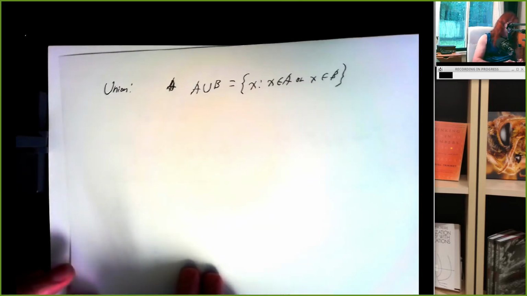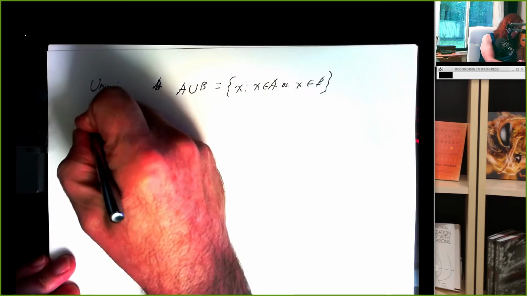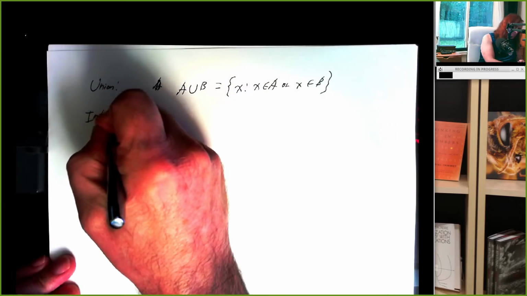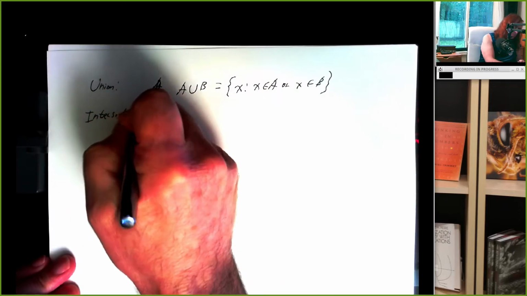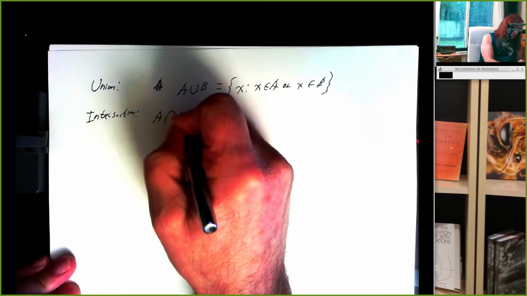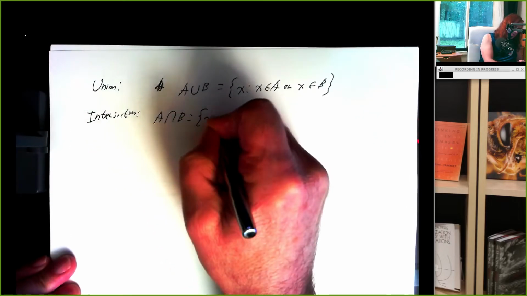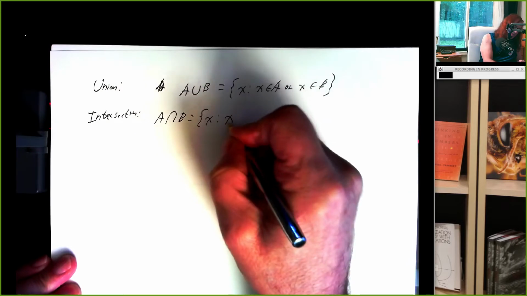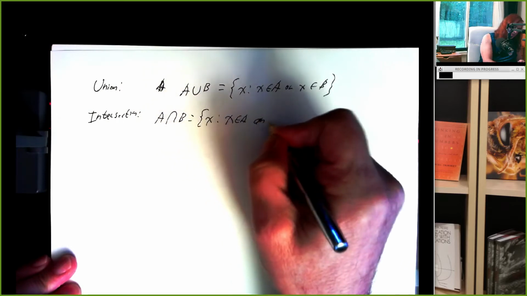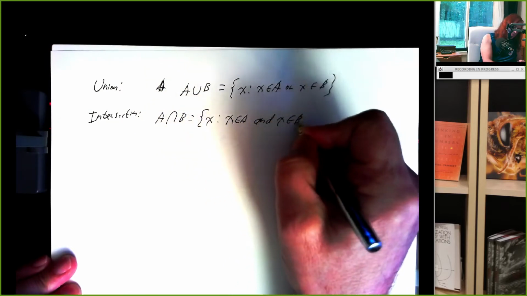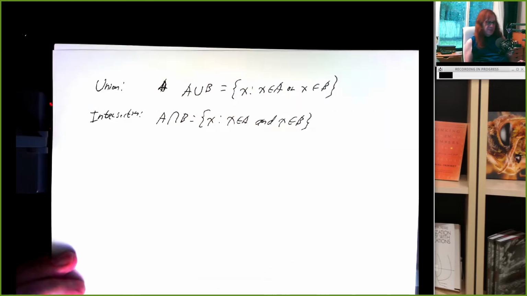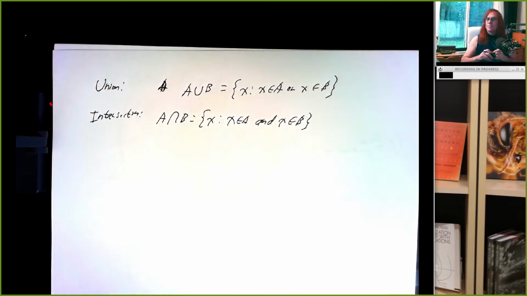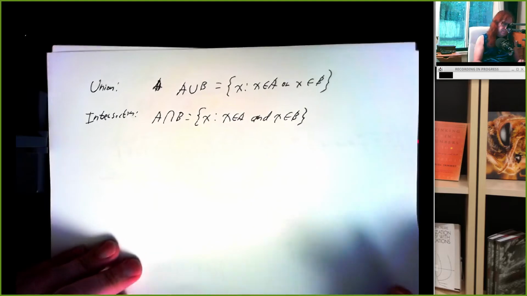Another operation we can do is an intersection. So A intersect B equals the set of all elements X such that X is in A and X is in B. So it's the things that are in both.